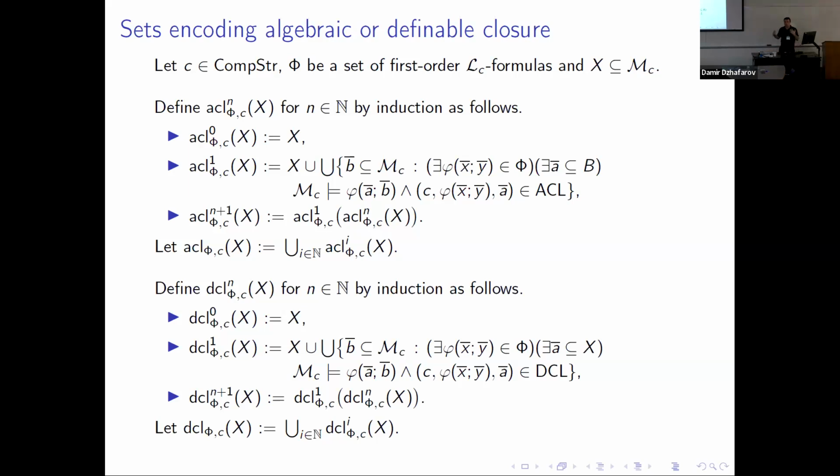Okay, so the main thing we're interested in is the computability theoretic content of how complicated these sets are: the capital ACL and capital DCL, which are the one-step iteration, and the lowercase, which are the full closure operations.